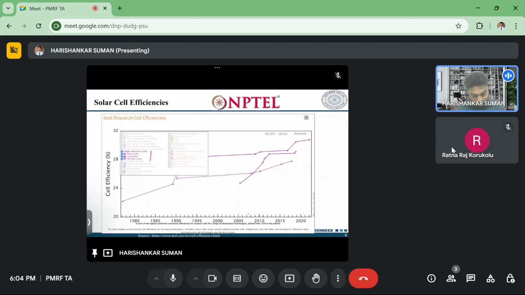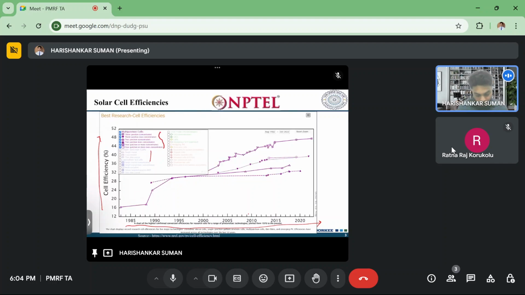We can see one by one. In the chart, efficiency of single junction solar cells with respect to year, how it goes. You can see in the chart that efficiency goes up day by day. As technologies mature, efficiency gets higher and higher.